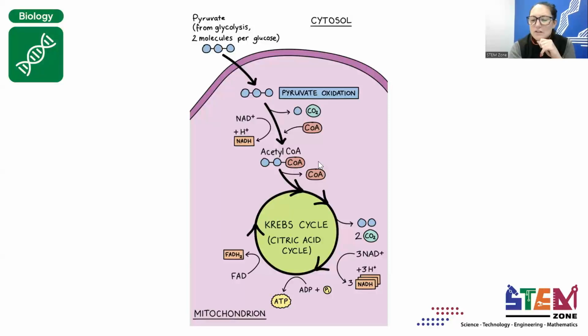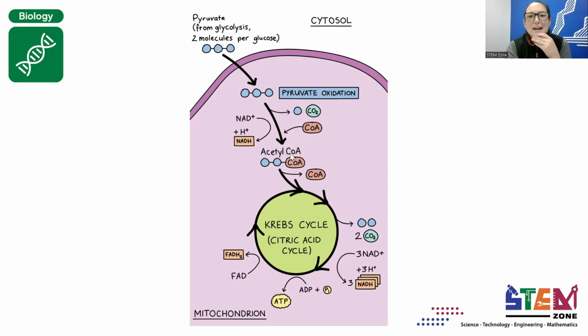Again, in biology, we're not too fussed on all of the chemistry details there, but you do need to know that pyruvate is just the first step. That's the product of glycolysis, but that can't enter the Krebs cycle or the citric acid cycle, the next part of cellular respiration. So it needs to be processed, and we've got a coenzyme added there.